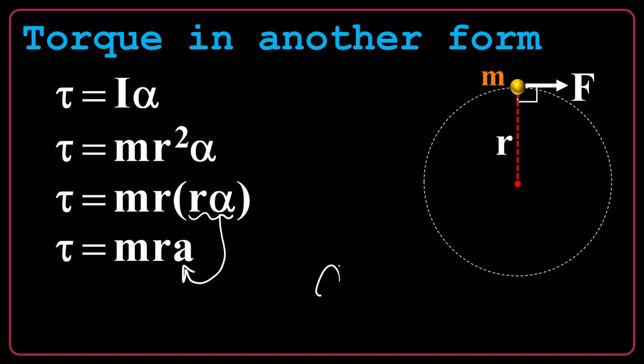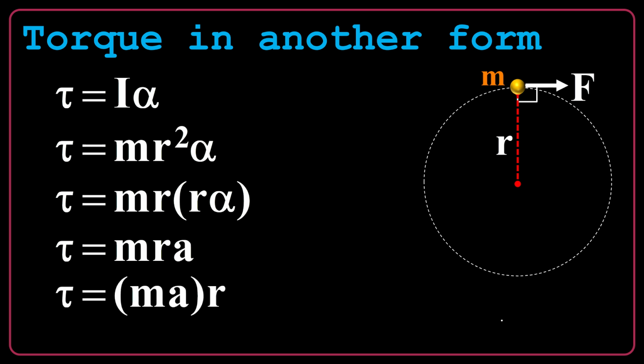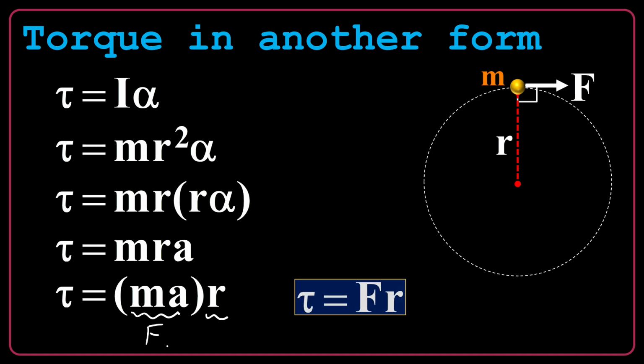You know, linear acceleration is r times angular acceleration. So it's easily converted to m r a, and then we can write it as m a times r. Mathematically, it's still the same thing, but ma, according to Newton's second law in linear motion, is force. So I can write it as force times r.